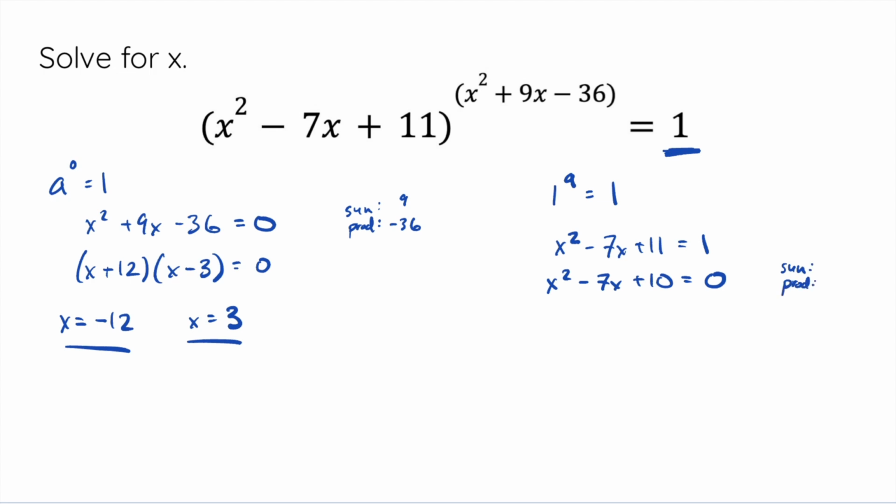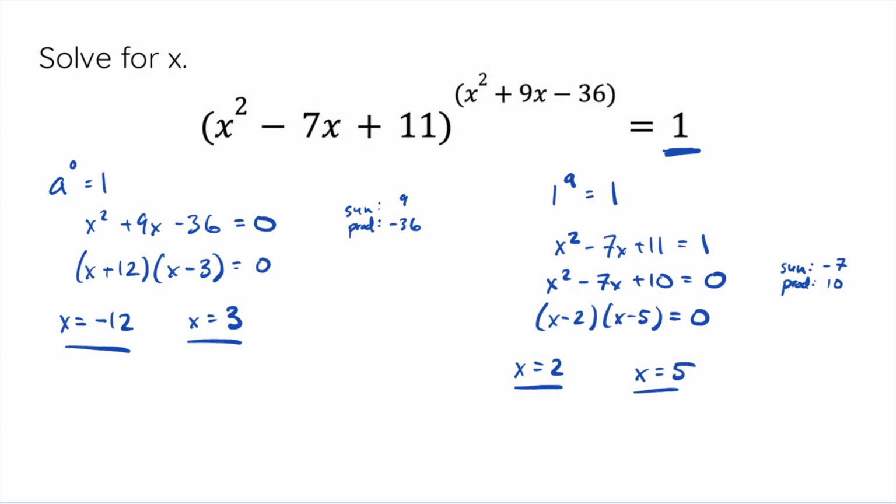The coefficient of x squared is 1, so we don't have to use decomposition here. We have a sum of negative 7 and a product of 10. So that's going to be two negative numbers, negative 2 and negative 5. So we end up with x minus 2, x minus 5 equal to 0. So therefore x is 2 and x is 5.